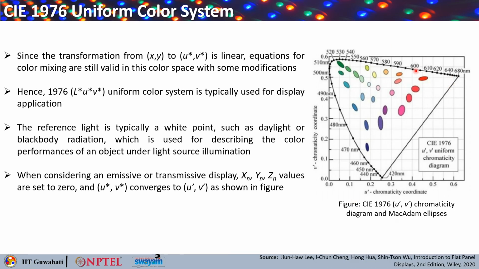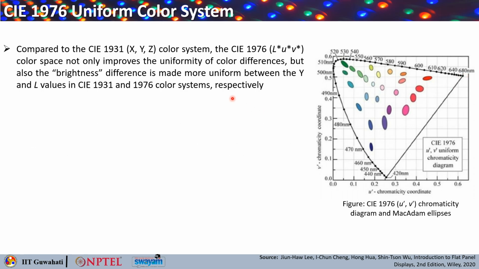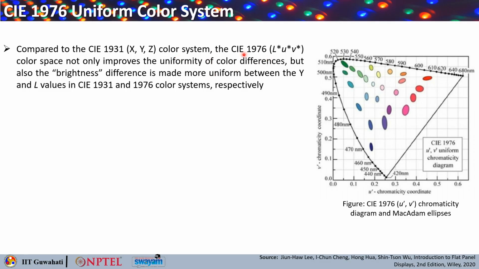And here you can see that the McAdam ellipses towards the monochromatic wavelengths are almost identical in size. So it is not that you are more sensitive to one color and less sensitive to another. This trichromatic space looks uniformly distributed. If you compare this with the 1931 CIE XYZ system, you can say that this 1976 color space not only improves the uniformity of color difference, but also the brightness difference is more uniform, because of Y and the L values.